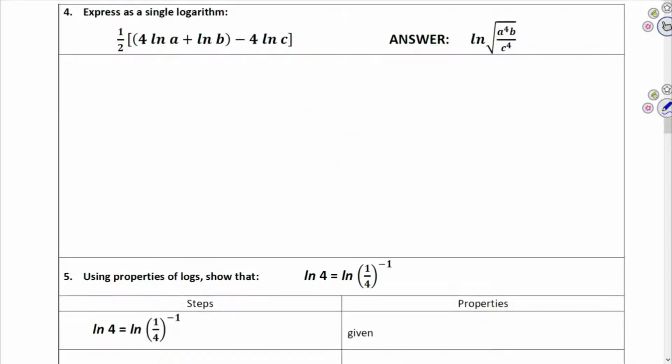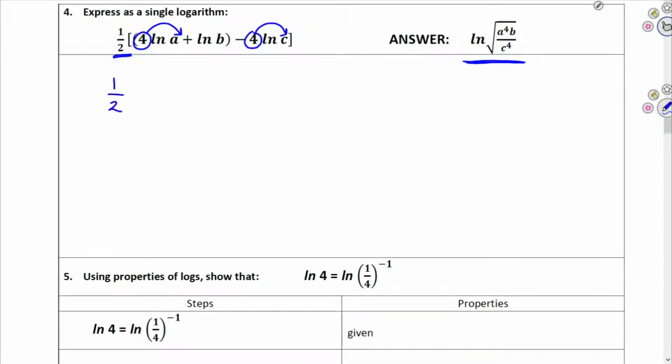In number 4, we'll express as a single logarithm. That means we're going to condense it together, and I have my eye on this as my answer. Okay, and I notice I have a big square root. So I'm going to leave this 1/2 by itself for a little bit, and focus on what's in the square brackets. Again, I look like I did before for coefficients. I have a coefficient of 4 here and a coefficient of 4 here, and so I'll make those exponents so it's easier for me later.